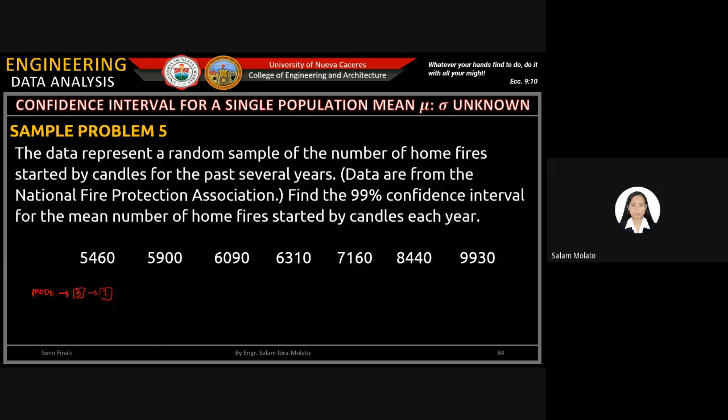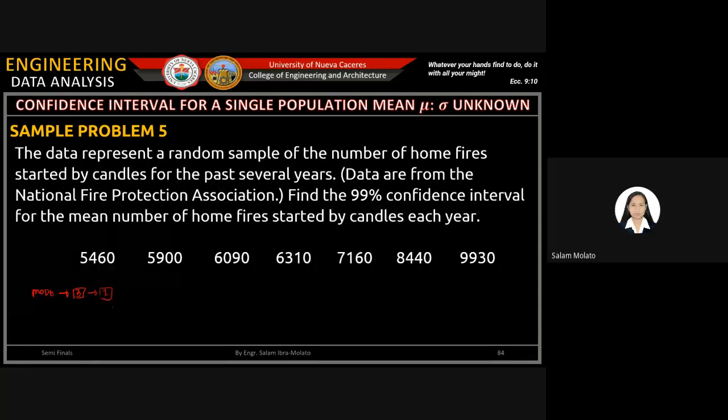Press 1, and then you enter all the raw data: 5,460, 5,900, 6,090, 6,310, 7,160, 8,440, and 9,930.